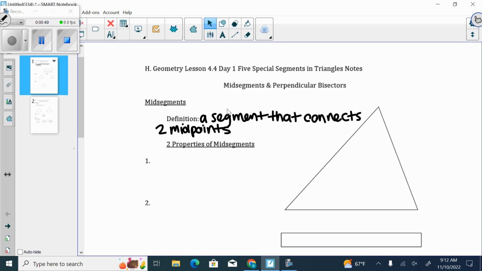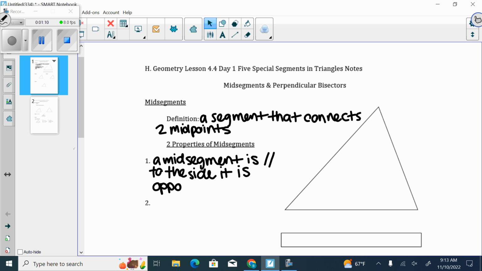The first property is that a midsegment is parallel to the side it is opposite. So whenever you draw your midsegment in, it's going to run parallel to the side across from it.